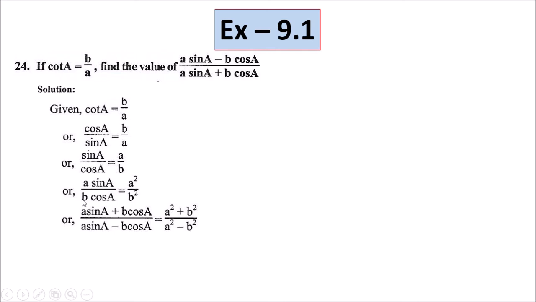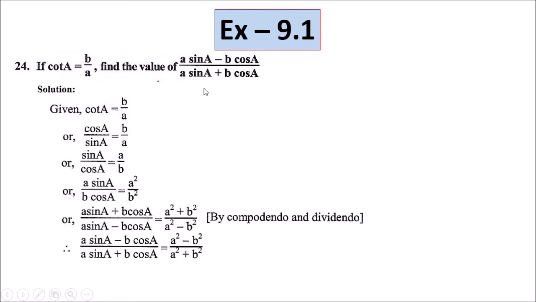So what is there? a sin A by b cos A, and here a square by b square. In the very next line I am just doing componendo and dividendo, the same thing I did in number 22. So this is the numerator and this is the denominator. So numerator plus denominator in numerator part, and in denominator numerator minus denominator. The right side same thing, together called componendo and dividendo.